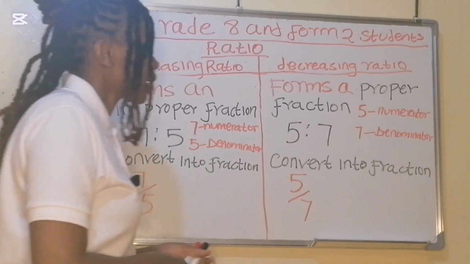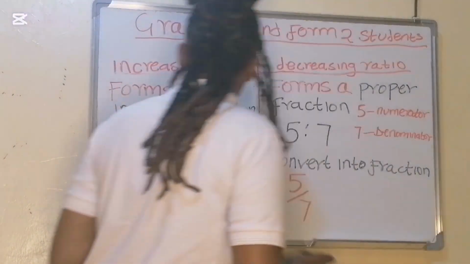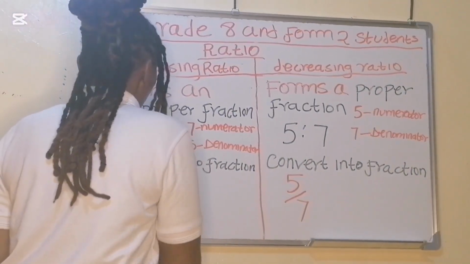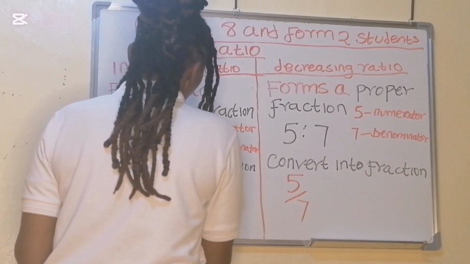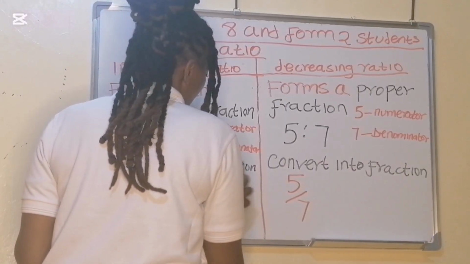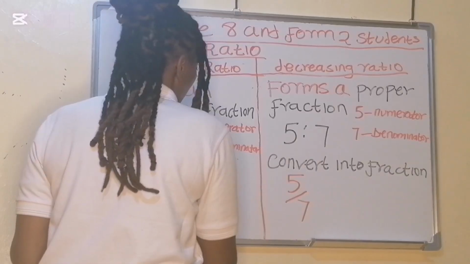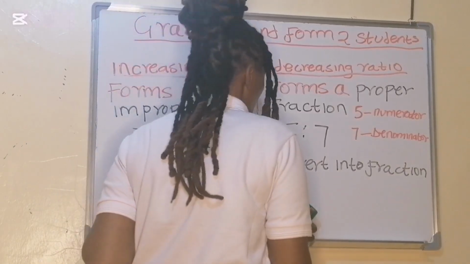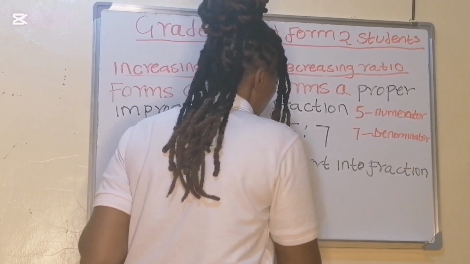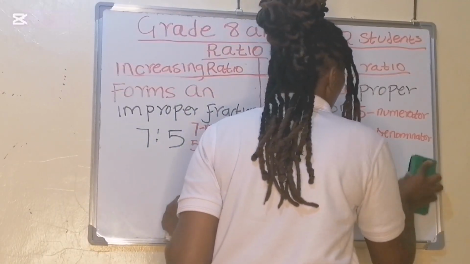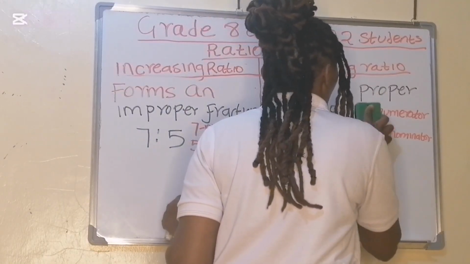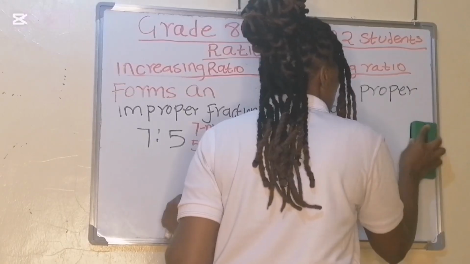Okay? The second thing, there is something I want to show you. This one will help you solve any word problem on increasing ratio or decreasing ratio. You will be able to solve any word problem when you know this concept.